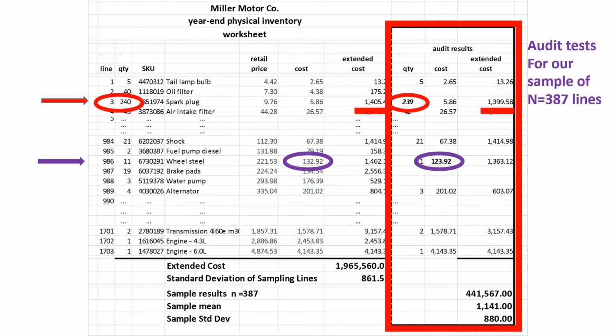And when we go through the purchase invoices, these steel wheels cost $123.92. Is that a typical transposition? Yes. So they actually cost $123.92. Somebody reported it as $132.92. Those are the types of errors that we found when we took our inventory. So the quantity and the cost can both be incorrect.